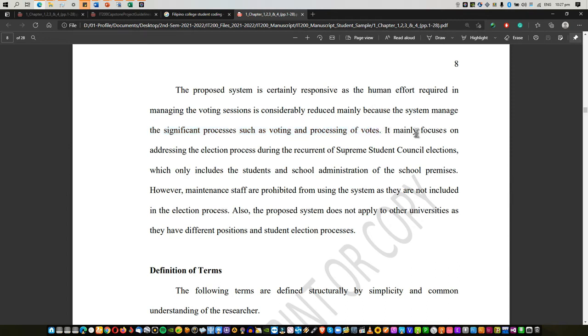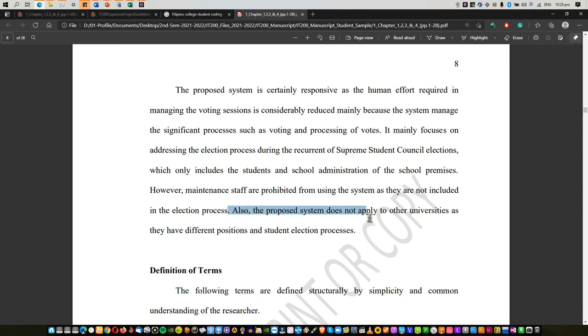It is mainly focused on addressing election processes during the recurrent Supreme Student Council elections, which only includes the students and school administration of the school premises. However, maintenance staff are prohibited from using the system, as they are not included in the election process.